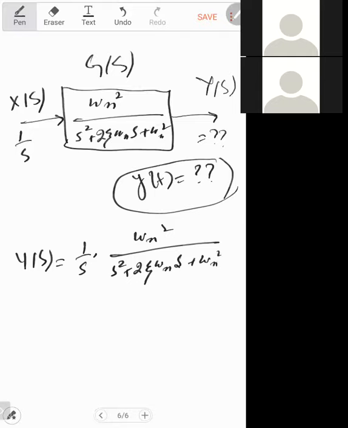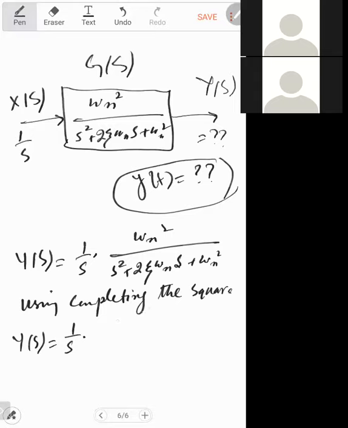If you simplify this one by using the completing the square method, you can see that y of s is equal to 1 over s multiplied by omega n square divided by s plus zeta omega n square minus omega n square root of zeta square minus 1 square.